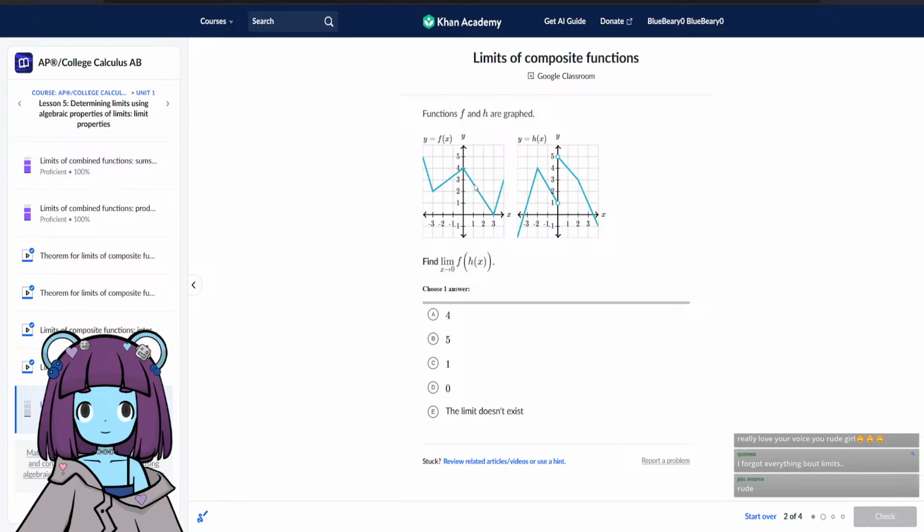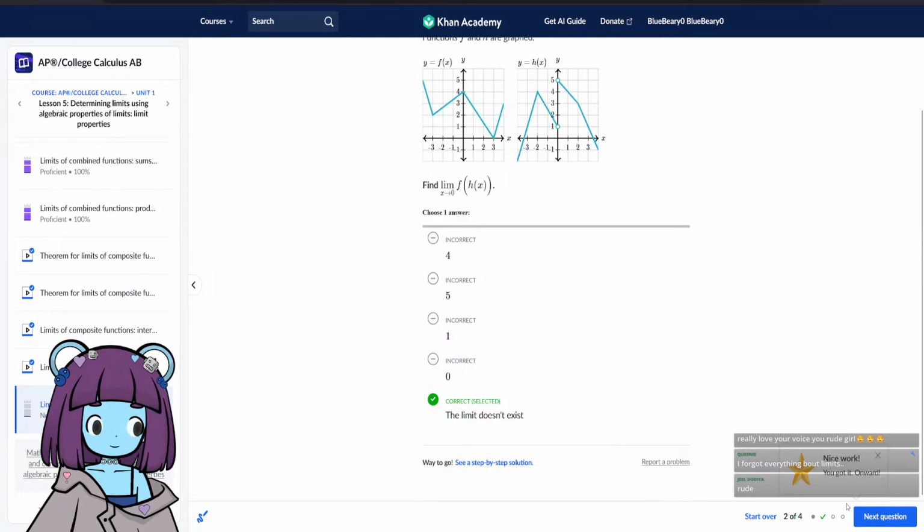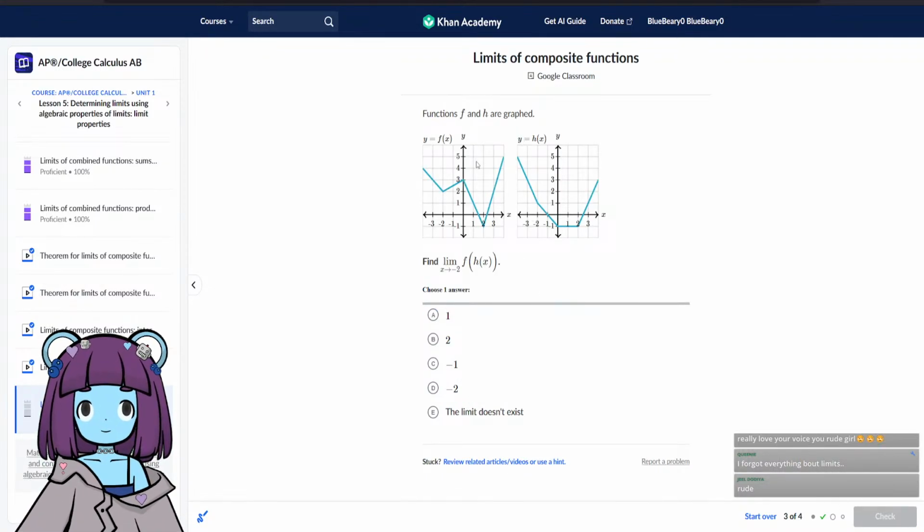Am I doing this right? I don't think it's right. Okay, and then you approach it from the right, which is 5. Is it also does not exist? Okay. That's why it was so weird to me.